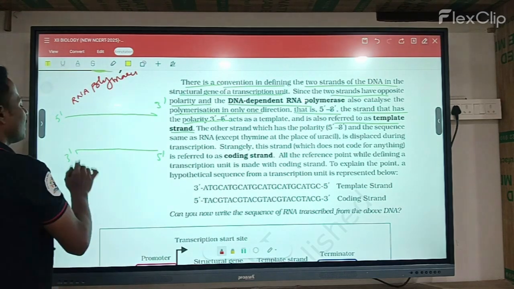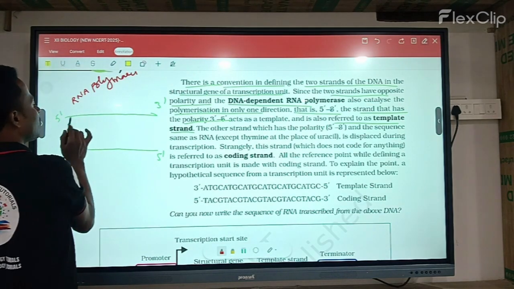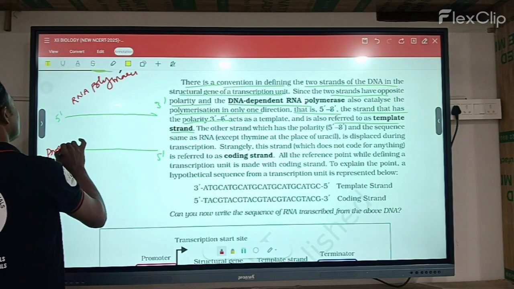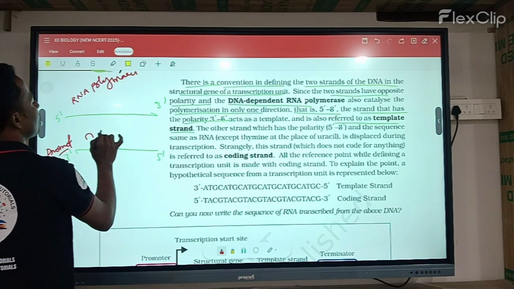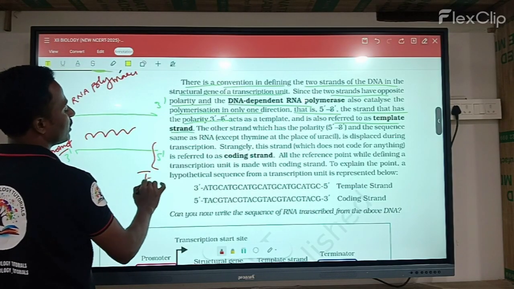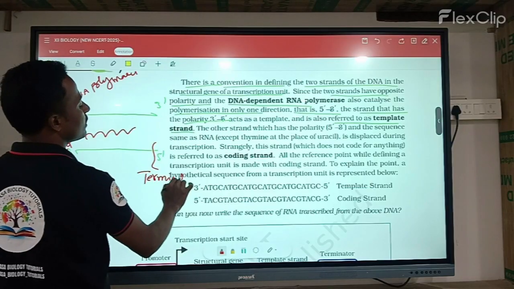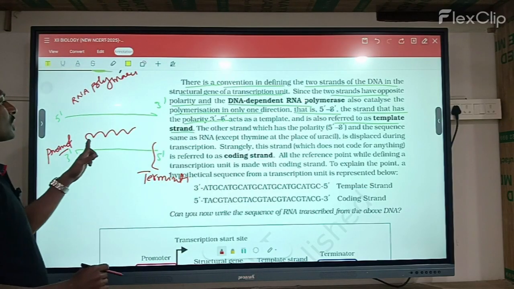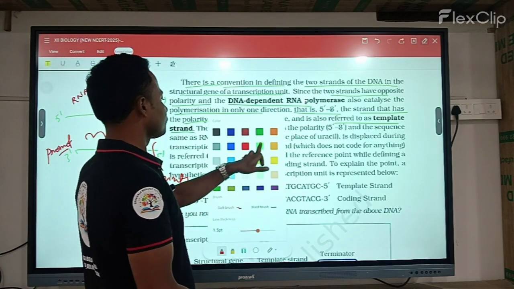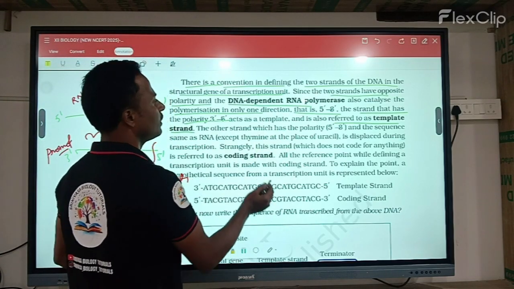Now this process is completed in three steps: the promoter region, the structural gene, and the terminator, where the process terminates.